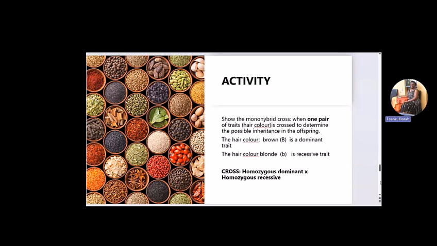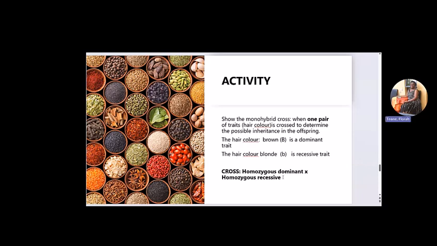The one has got brown color of the hair, and the other one blondie color of the hair. Note that the one with brown color, the trait is dominant. It is capital B, and the blondie color is small letter b.